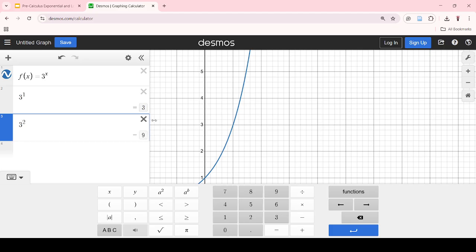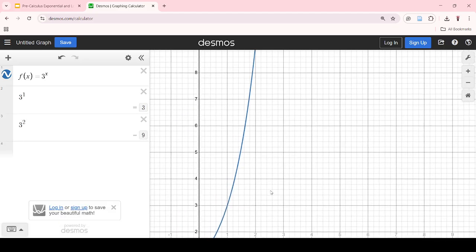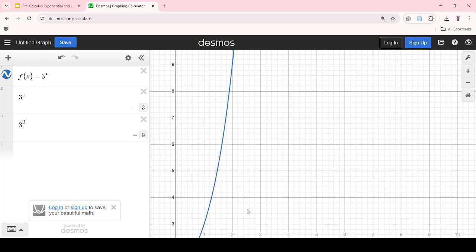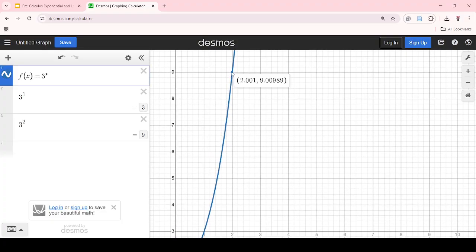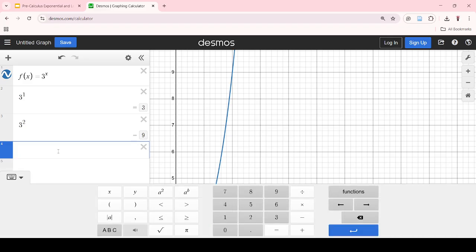3 to the power of 2 is 9. So we see that it will intersect right here, right about this point. Let's just say (2, 9) is right there.